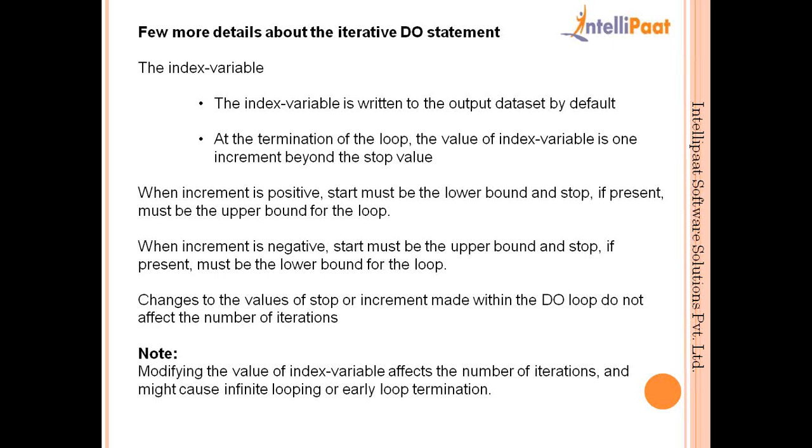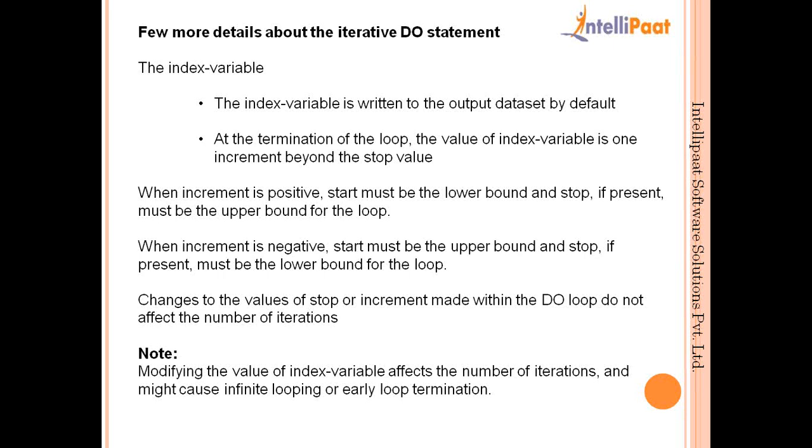What I mean is, suppose you are running a loop and in between you are changing any of these values, that's not going to affect the loop, because whenever the loop gets started, the value gets set every time, right? So it will run for the original specific values which have been mentioned, and the number of iterations will depend on the values of start and stop with the incremented values.